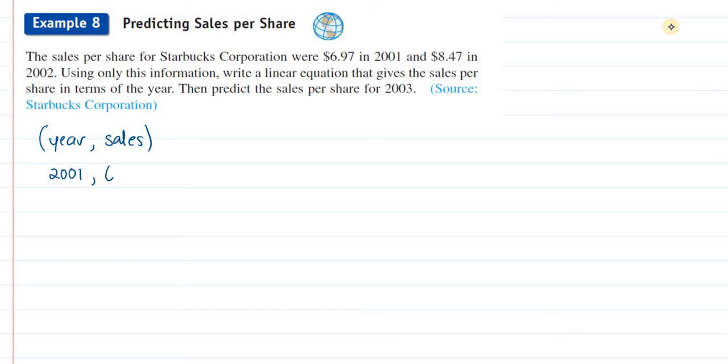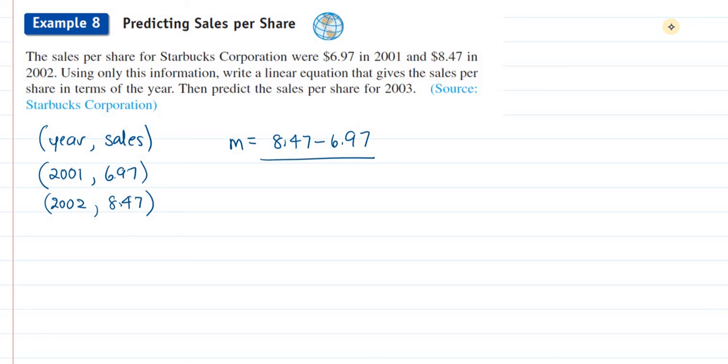Okay, so our points are 2001, $6.97, and then 2002, $8.47. So if we're going to find the slope between those, I'm going to do 8.47 minus 6.97 over 2002 minus 2001, which gives us 1.5 over 1, which equals 1.5.